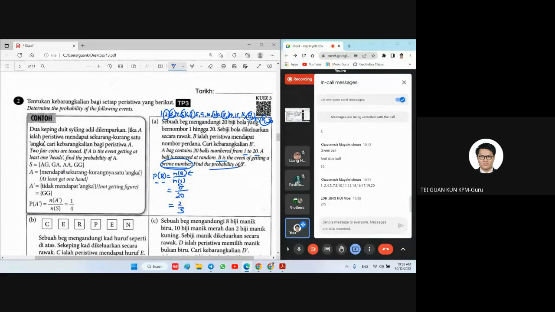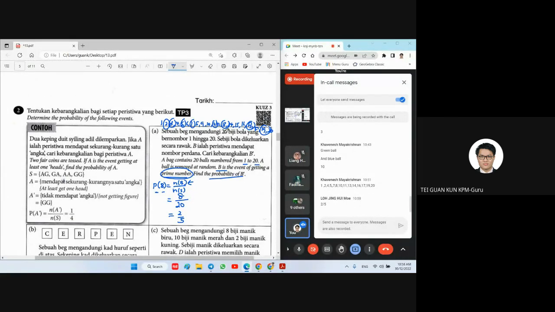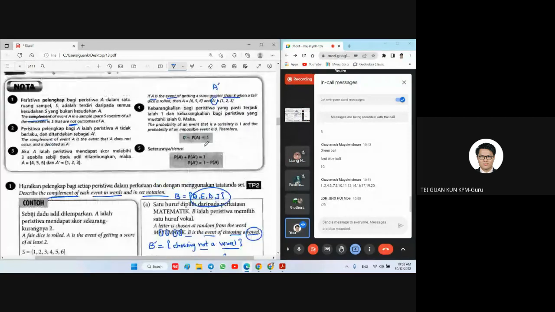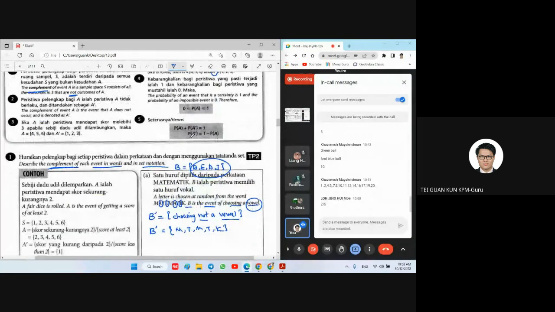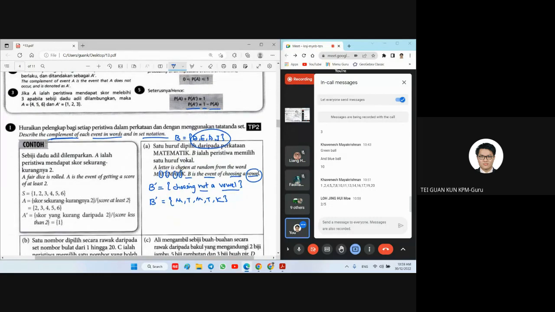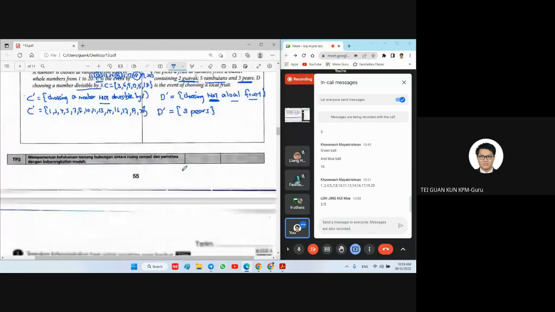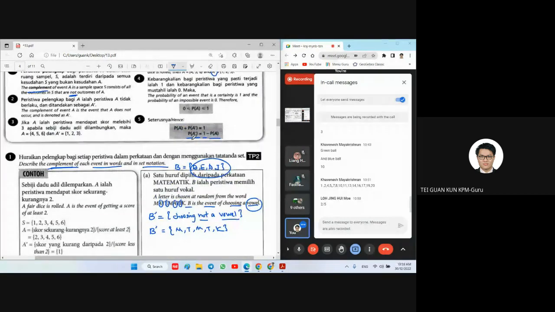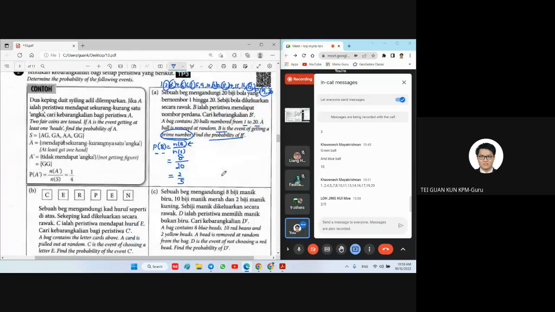They want the probability of B prime. So, you have to follow this formula. Probability of the complement equals 1 minus probability of A. Probability of A prime equals 1 minus probability of A. So, this is the formula, you must remember.